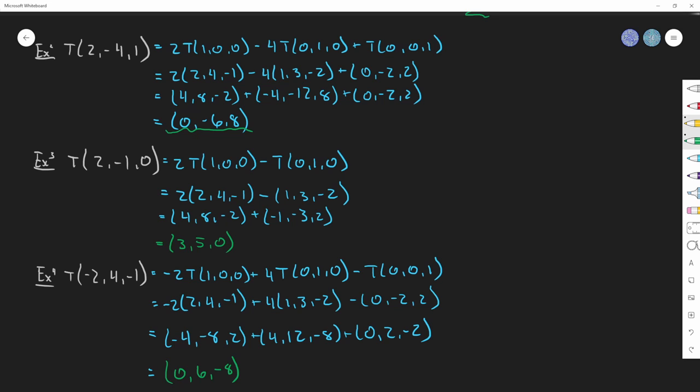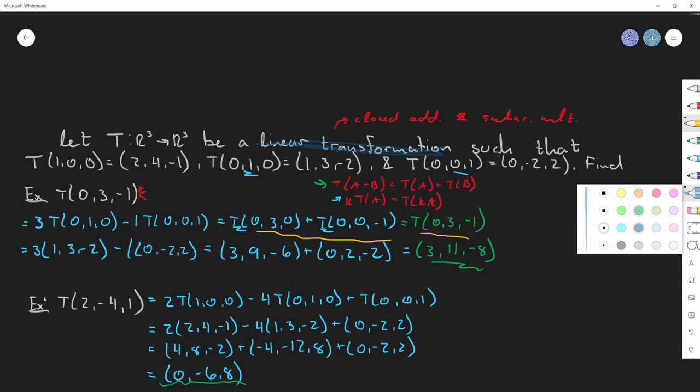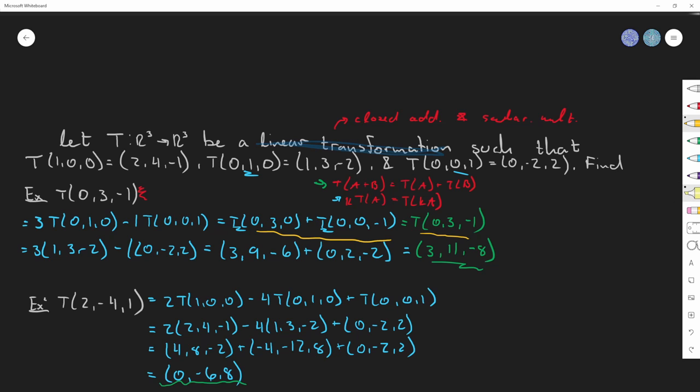So this example was fairly easy. The reason being is because the inputs, which are the pre-images, are, you could say, the most simple ones.